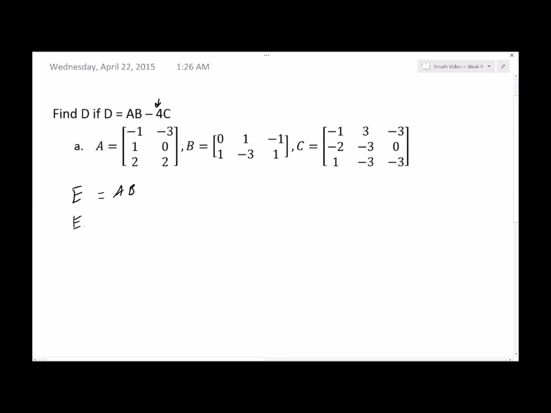So E11, the first row, first column of E, would be this row multiplied by this column.